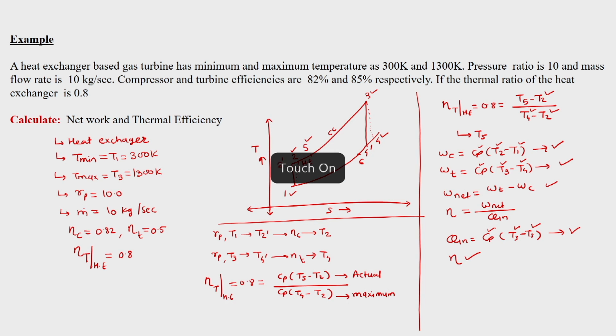So in this case, first draw the cycle and then mark what the known things are. Then we first use isentropic relations to find out the properties of the ideal cycle corners.